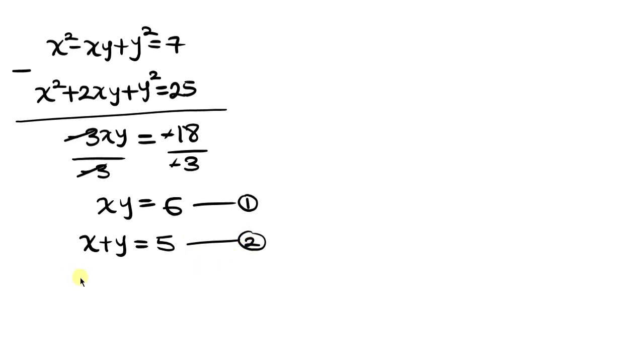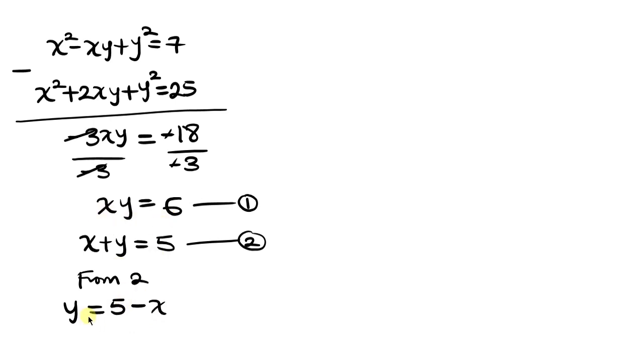Now from equation 2, so we say from 2, we can make y the subject by pushing x to the right hand side. So we have y to be equal to 5. As x crosses to the right hand side, it becomes minus x. So let's put this in equation 1.